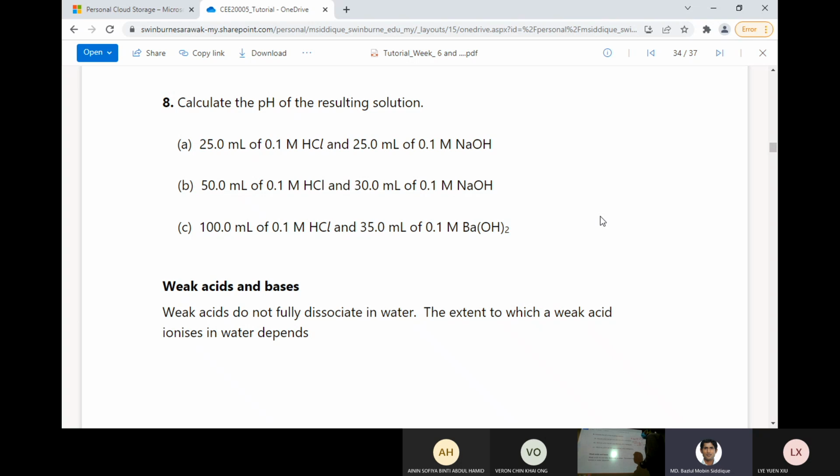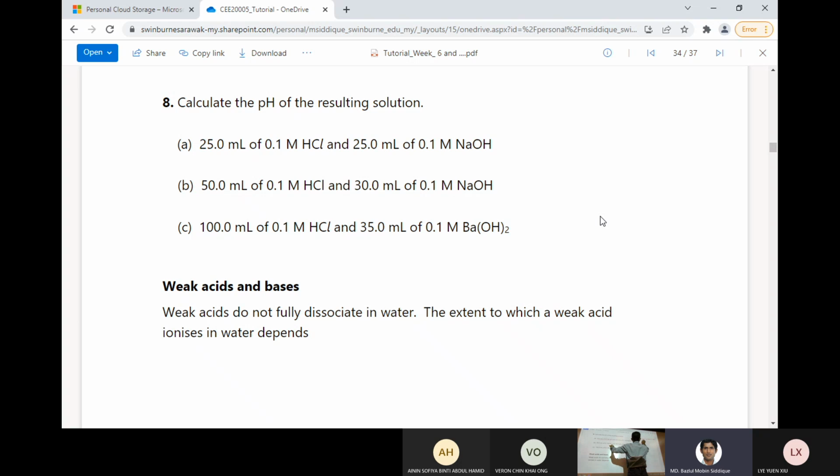Okay, so here, same thing like that problem, the reaction. I'm using the same equation actually, just changing the values. n equals C times V remains the same. And here we see 50 milliliter, 0.1 molar HCl.